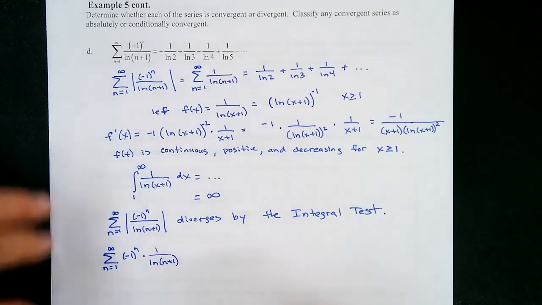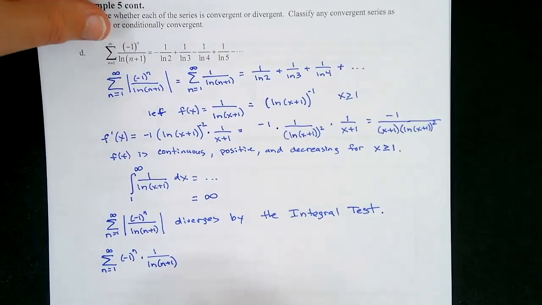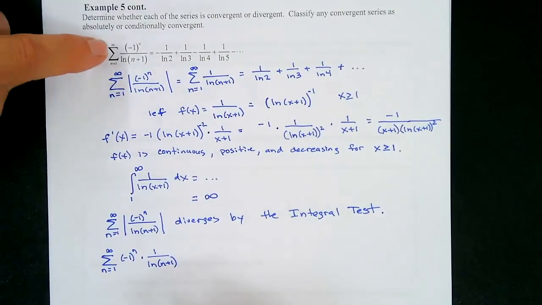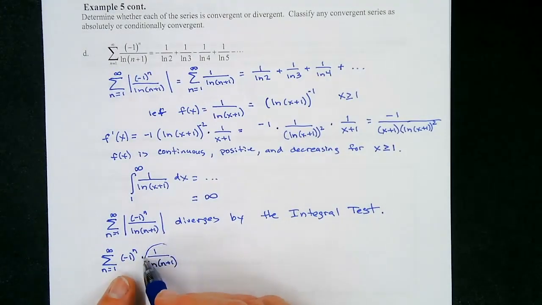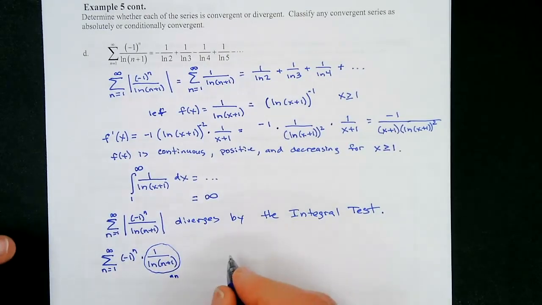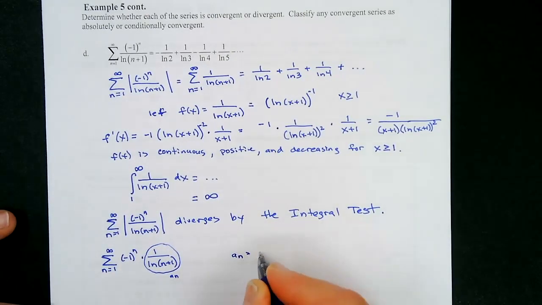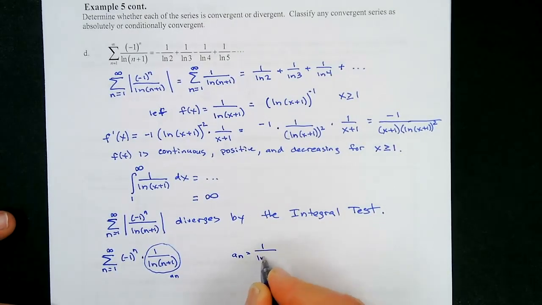Now we're looking at the original series, this one up here. I'm going to make this my a sub n. So a sub n is equal to 1 over ln of n plus 1.